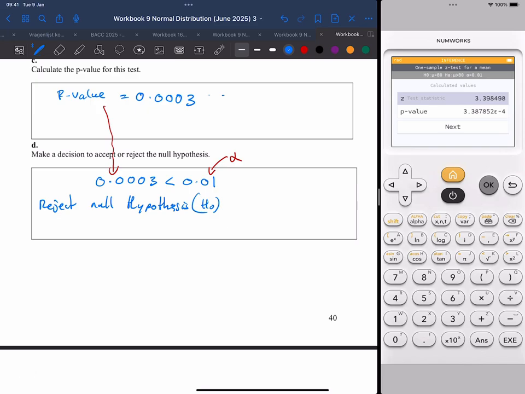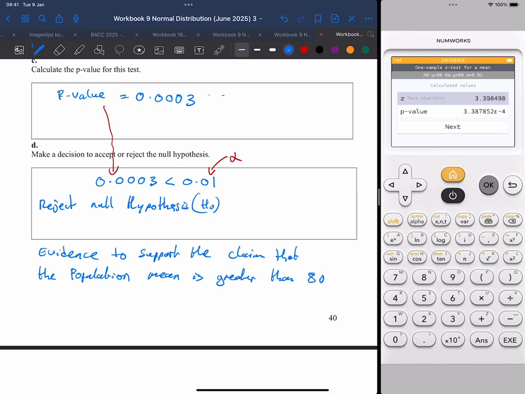So we just say evidence to support the claim that the population mean is greater than 80.